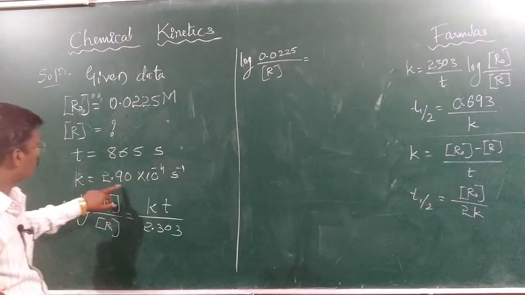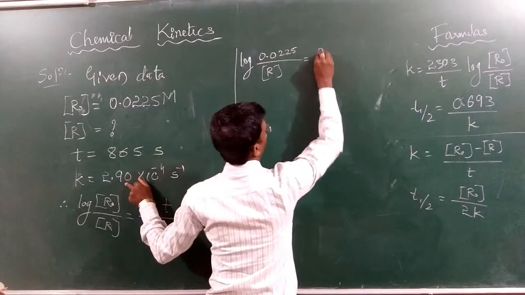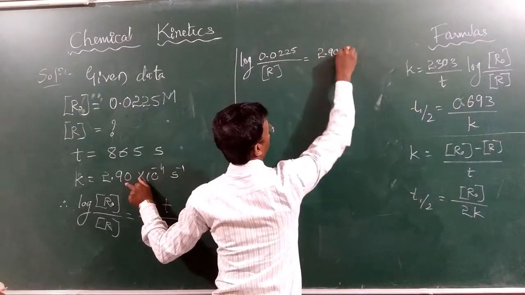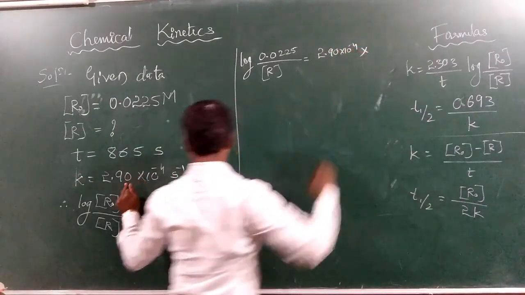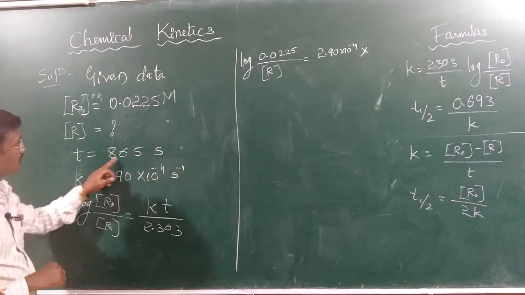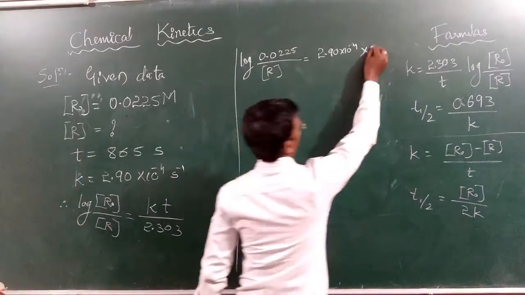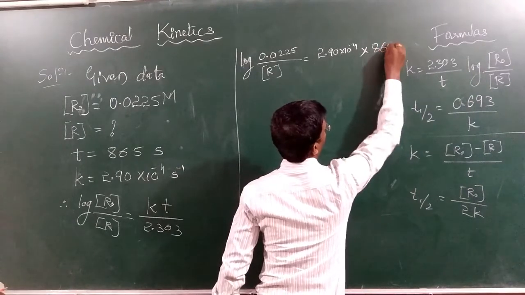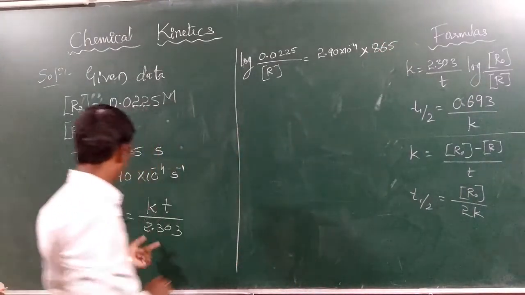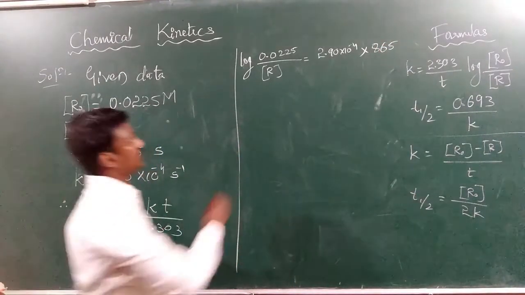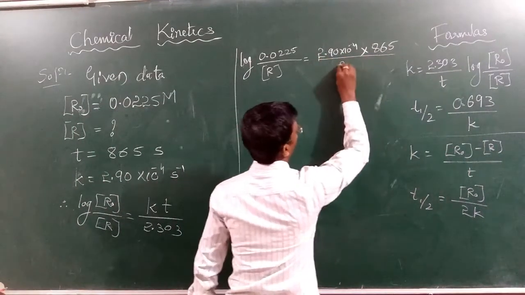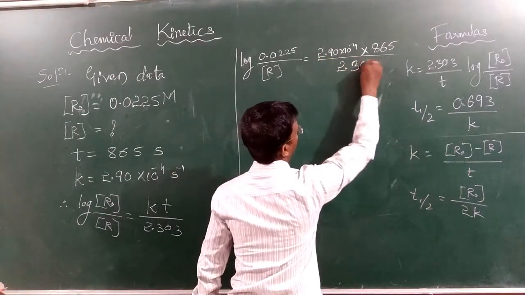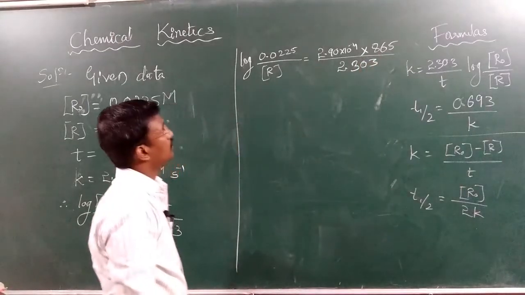K is nothing but 2.90 into 10 raised to minus 4, into T. T is nothing but 865 seconds, divided by 2.303.